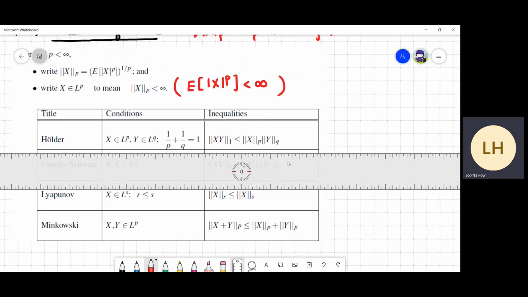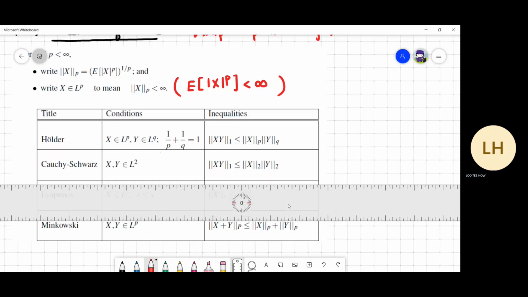If x belongs to L^p, which means the expectation of x to the power p is not infinity, and y belongs to L^q, then the first norm of xy is less than or equal to the p norm of x multiplied by the q norm of y. This is the more general one, the so-called Hölder inequality.